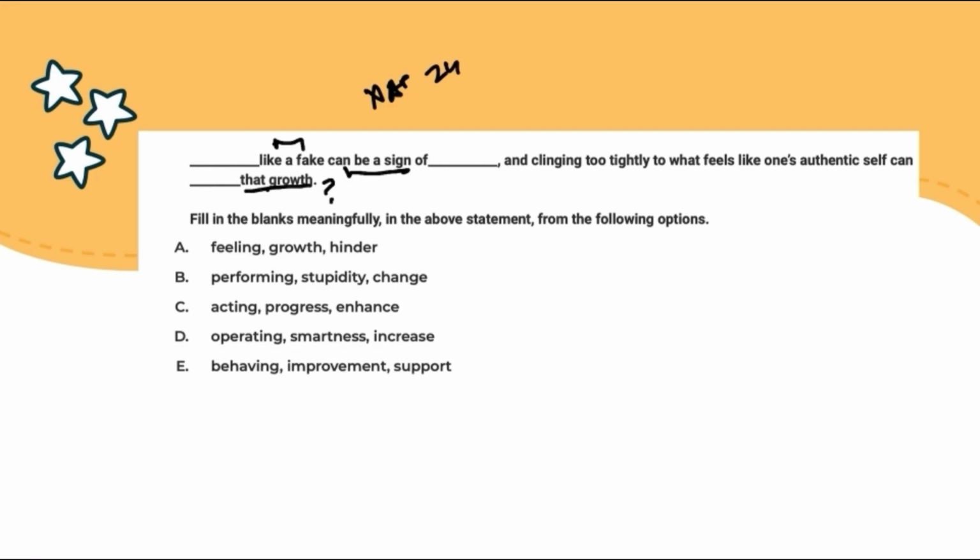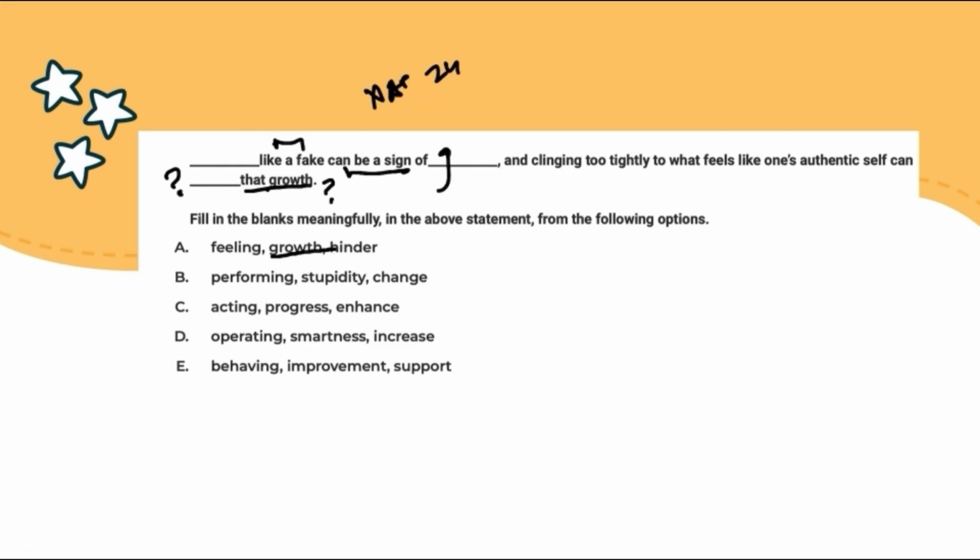There has to be something which introduces the growth we are talking about, but yet there has not been anything, which means it could only be related to the blanks before this, right? It says authentic self can dash that growth. What exactly is happening to that growth? Could it promote the growth? Could it stop the growth? Could it stunt that growth? What exactly are we talking about? So based on these two things, if I compare, this is the option which talks about growth.